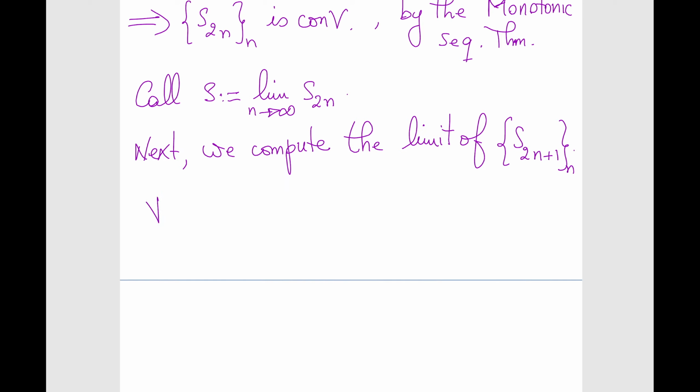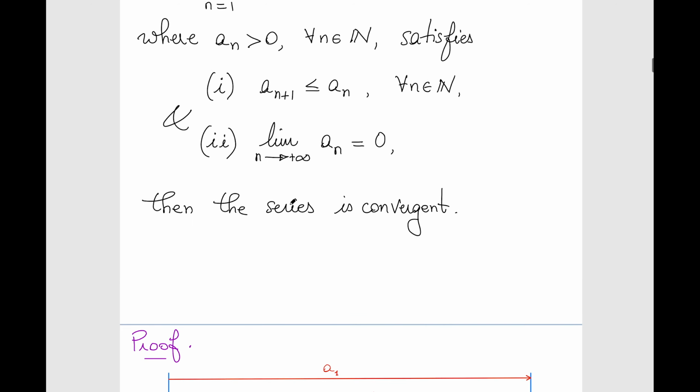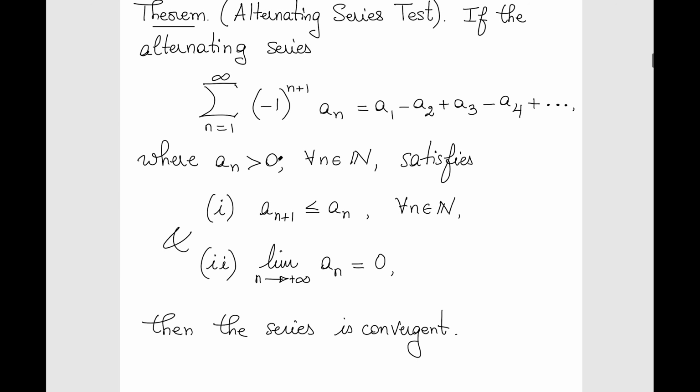Well, what is this? For any n, what is this? This is the partial sum of rank 2n, the 2nth partial sum, plus one more term, right? And what's that term? It's the 2n plus first term in the series. If you replace n by 2n plus 1, the power becomes even, so (-1) to the 2n plus 2 is positive 1, and that becomes a sub 2n plus 1.